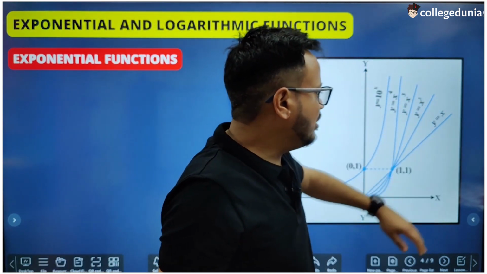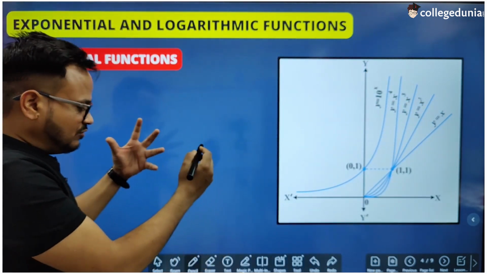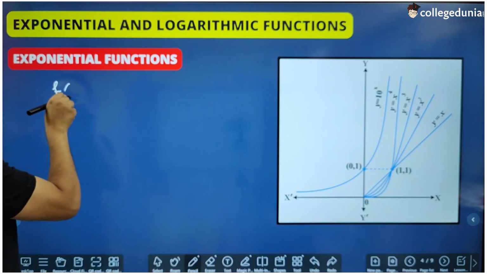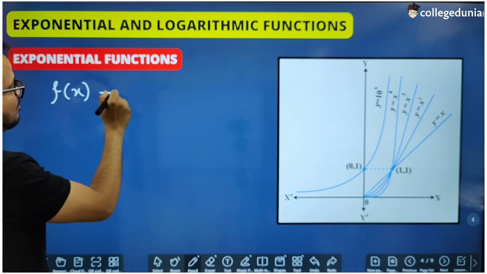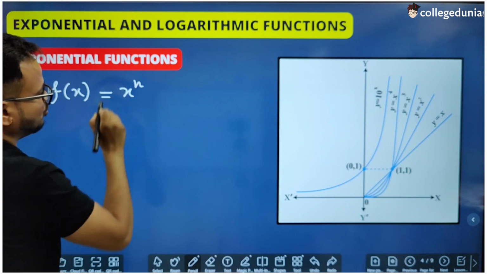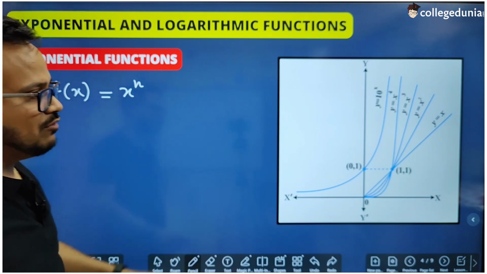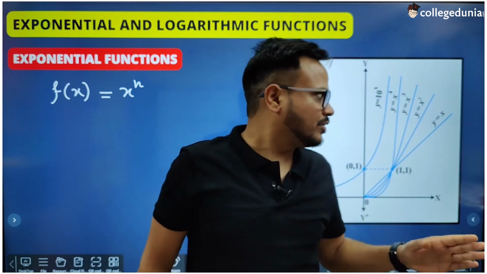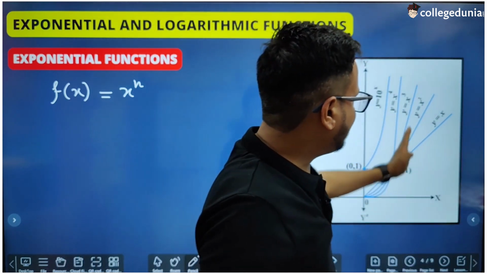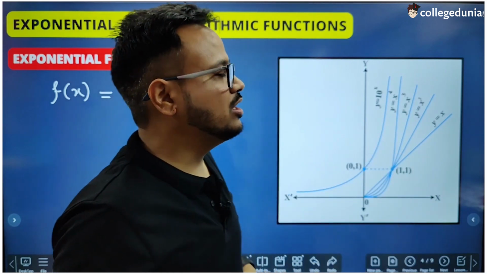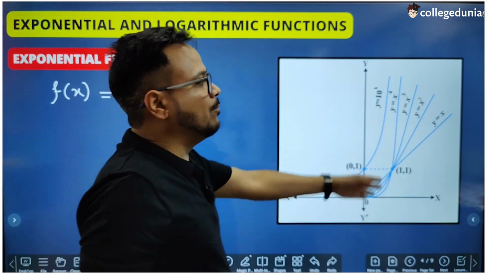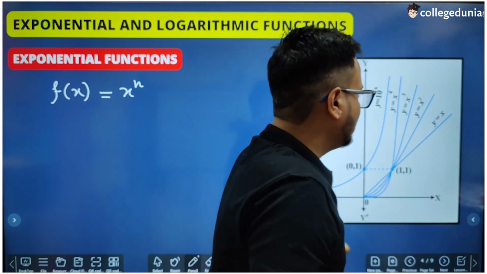So here we will see that, suppose this is the function f(x) equal to x to the power n. If the value of n is increasing, then this function f(x) or y, we can call it by any name, is growing more rapidly, right?